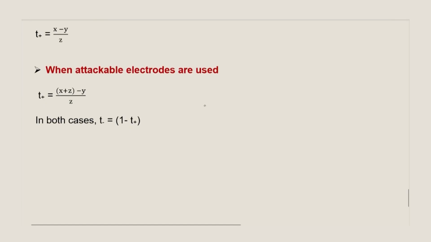When we are using an attackable electrode, it should be modified as x plus z minus y divided by z, because in such cases x will be less than y. Okay. Then in both cases T minus can be determined by subtracting it from unity.